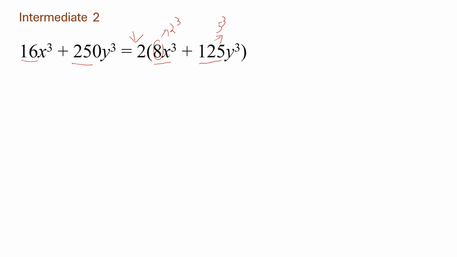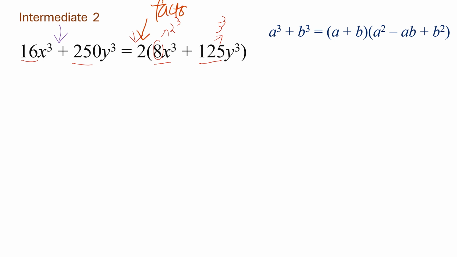So sometimes for questions like this, you may have to do one additional step: factorize the common factor before you express the remaining number as a perfect cube. Because the operation is a plus, we'll be using sum of cubes. So let's write down the formula first: a cubed plus b cubed is a plus b times a squared minus ab plus b squared. Alright, so let's put in the brackets.